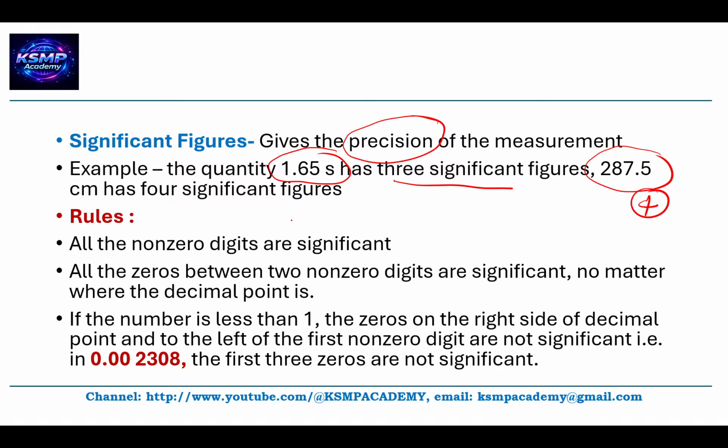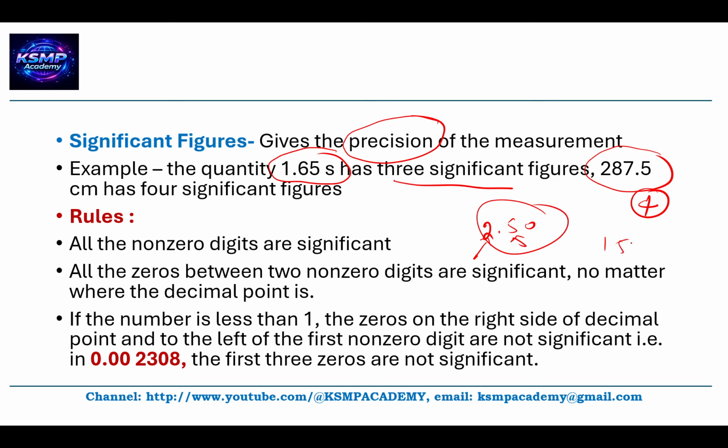So there are some certain rules. Let us see. The first one is that all the non-zero digits are significant. For example, 2.50: here the non-zero digits are 2 and 5, so these are significant.